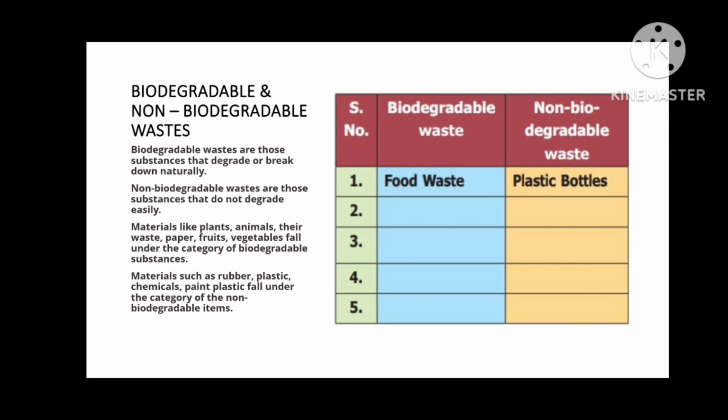Some materials which are not decomposed by bacteria and fungi are non-biodegradable wastage, such as plastic, chemicals, polythene, glasses, etc. Biodegradable wastage are commonly produced by our kitchen, such as peelings of the fruits and vegetables, paper waste, plant and animal waste. These wastage are easily decomposed by decomposers.